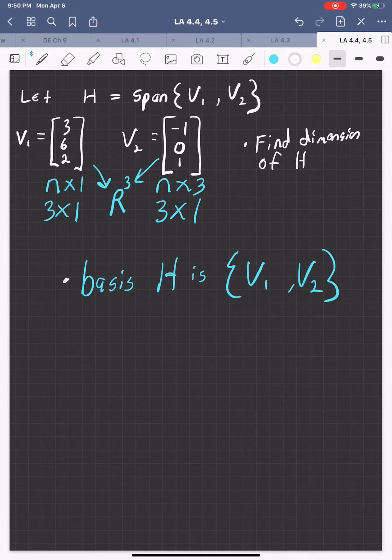But is it the basis? If it's a basis, for what, though? You have to think about whether this is a basis for R3 or for R2. Let's start with the fact that to have a basis for R3, we would need 3 vectors.